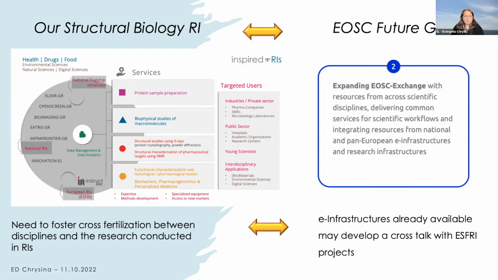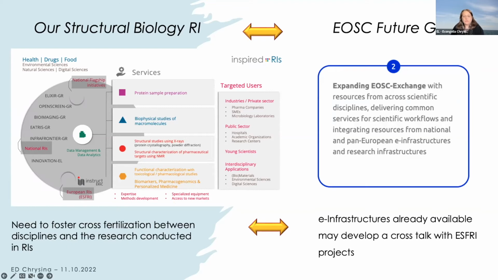So if it is possible to use and integrate what is available at different research infrastructures at the moment in terms of services and opportunities, then a user might have one stop, and from that stop can understand what is available in more than one research infrastructure. I'm not quite sure how this would be possible to implement, but I believe that people involved in EOSC could be the ones that could offer these kinds of opportunities to different users and service providers.